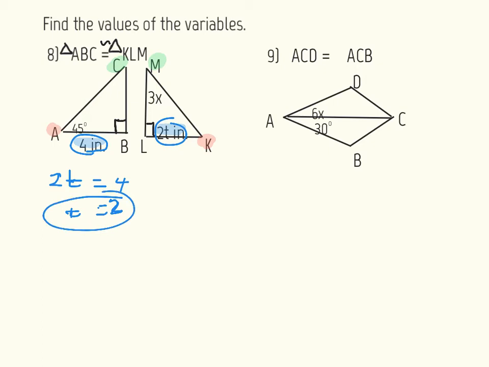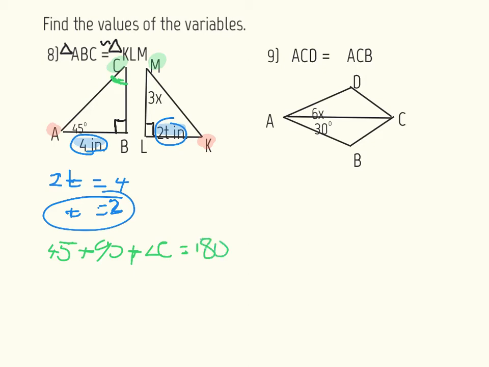Now I need to figure out how to solve for X. Well, in order to do that, I need to find the angle C here. So I need to first use my triangle angle sum. That's going to tell me that 45 plus the 90 plus my angle C is going to equal 180.